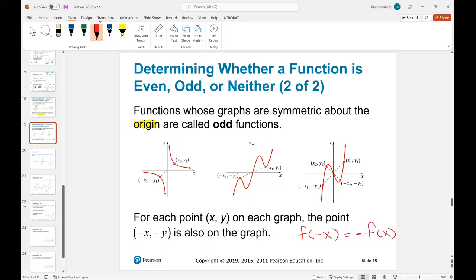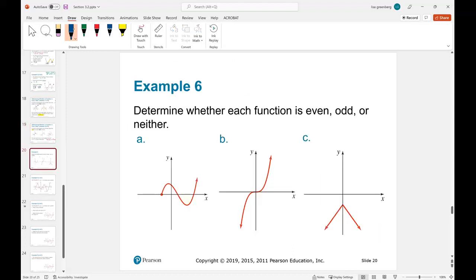So I don't lose the negatives here, because this value will be the same as this value, except both the x and the y change to negative. I'm changing the x to negative, which changes the y to negative.